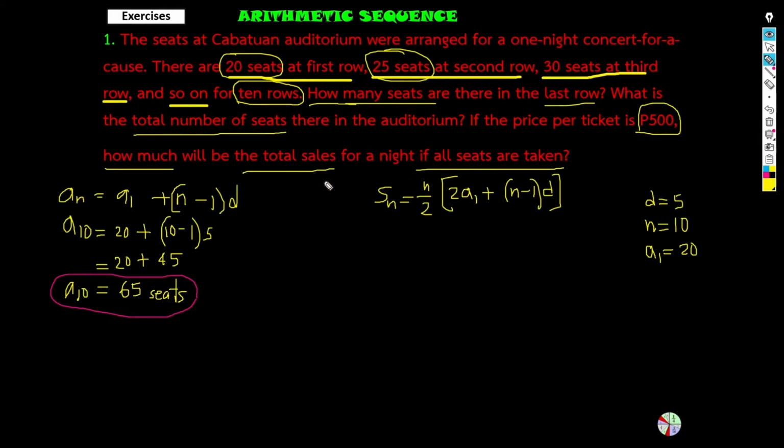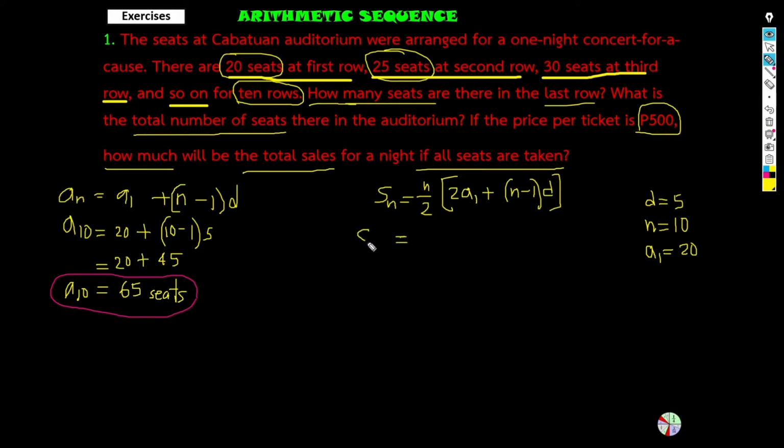Second, the solution for the second question is S sub n is equals to n over 2 times the quantity 2 a sub 1 plus the quantity n minus 1 close quantity times d. So we're going to solve this one now.